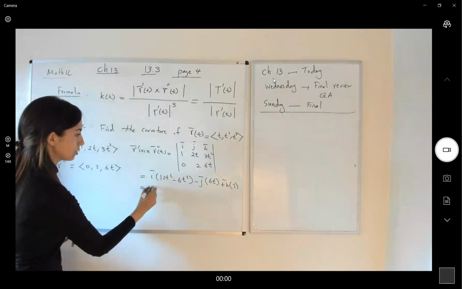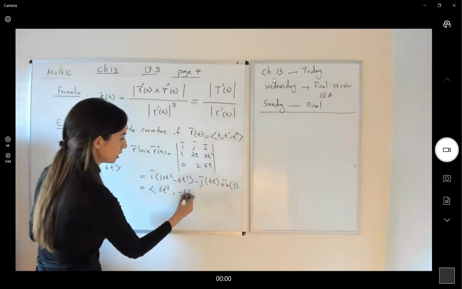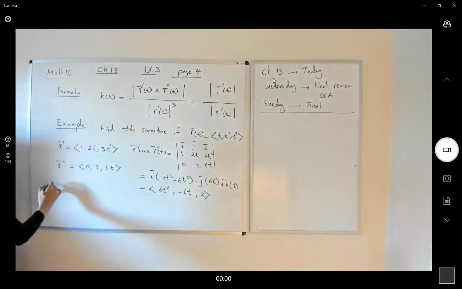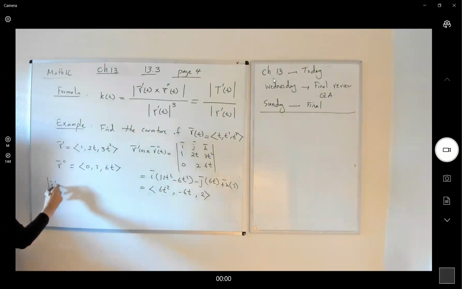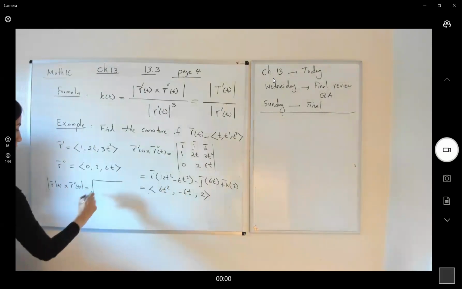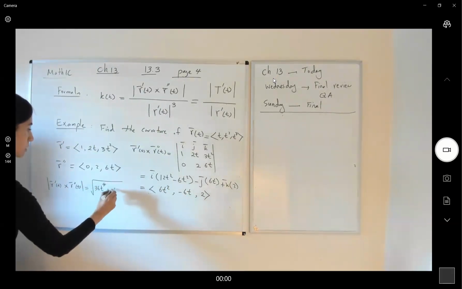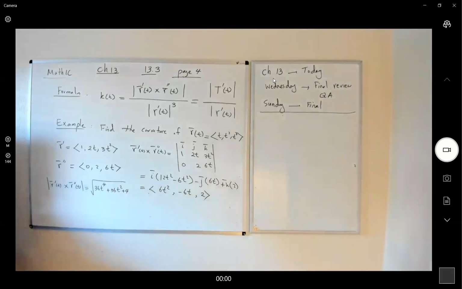This is equal to 6t squared, negative 6t, 2. So the magnitude is equal to the square root of 36t to the 4 plus 36t squared plus 4.